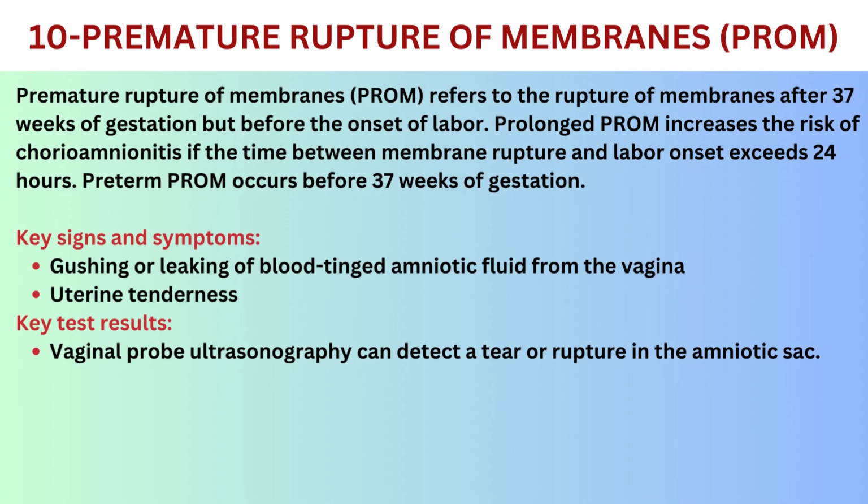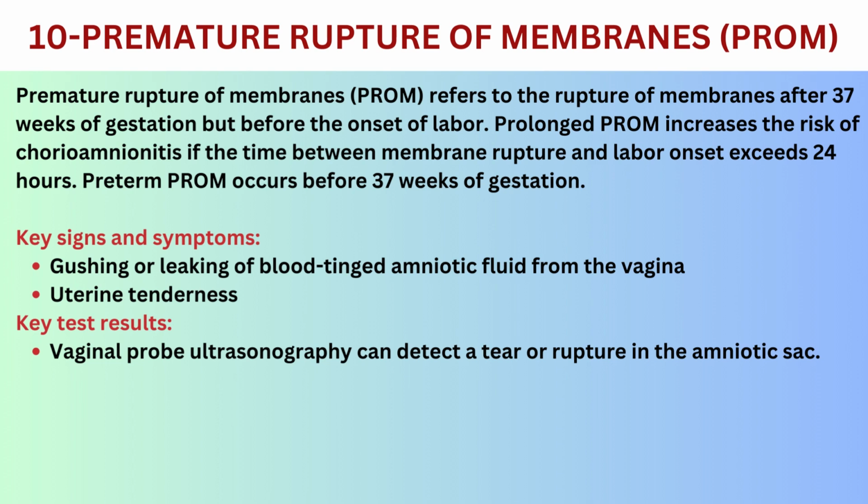The tenth disorder, premature rupture of membranes, PROM. Premature rupture of membranes refers to the rupture of membranes after 37 weeks of gestation but before the onset of labor. Prolonged PROM increases the risk of chorioamnionitis if the time between membrane rupture and labor onset exceeds 24 hours.